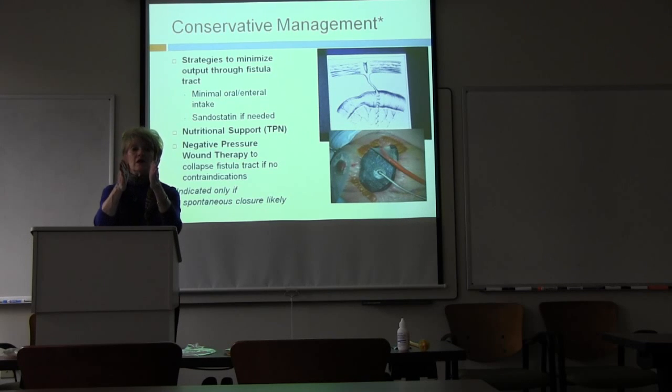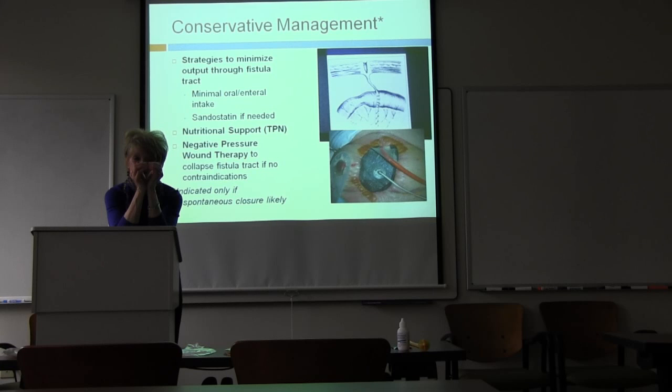First of all, it can help to further collapse the tract. So I've minimized output through the tract. Now I would like to pull the walls of that defect together as much as possible to further reduce output. Also, if I can pull the walls of the tract together through negative pressure and hold them in that position, then it takes very little granulation tissue to fill that defect.